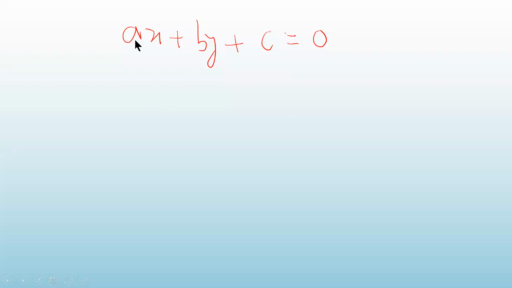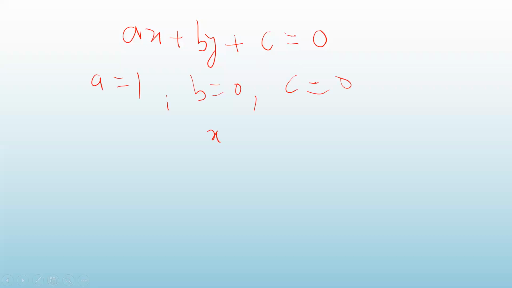Yesterday we have seen that if you give different values to a, b and c, you get different lines. For example, if you give a equal to 1, b equal to 0 and c equal to 0, which line will you get? If you put a equal to 1 here, you will get 1 into x, that is x. If you put b equal to 0, this entire thing will become 0.